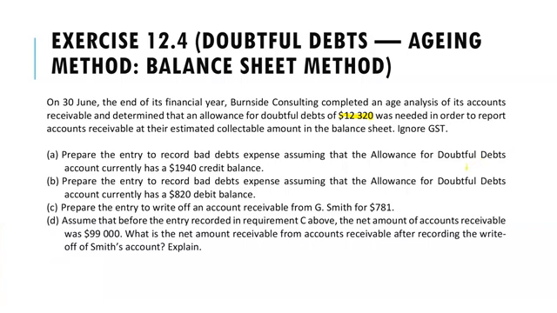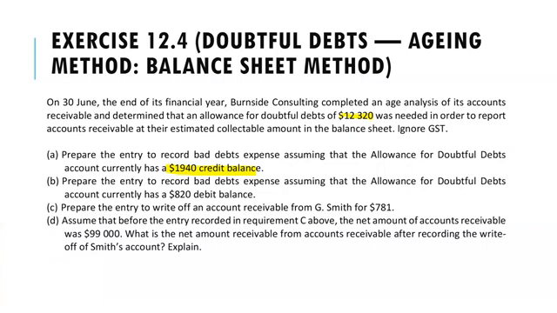So you are required to prepare the entry to record the bad debt expense, assuming that your allowance for doubtful debt account already has a 1,940 credit balance. What does it mean?